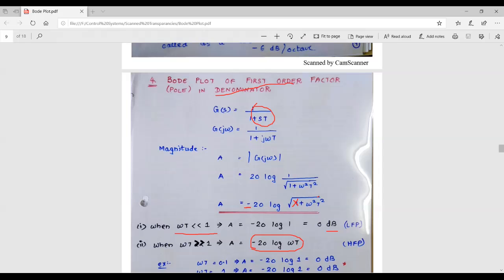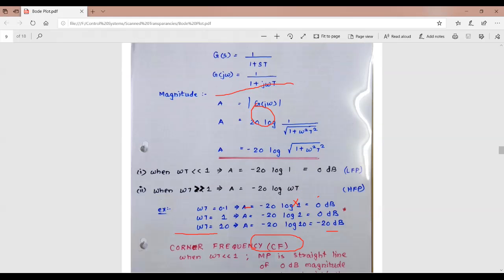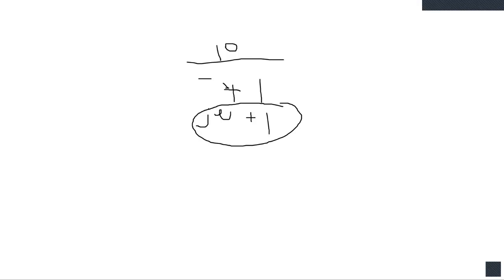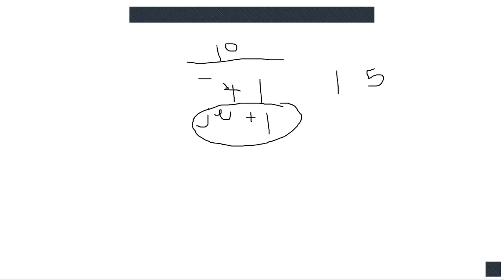Suppose your time constant is 5, say. Time constant T is equal to 5.